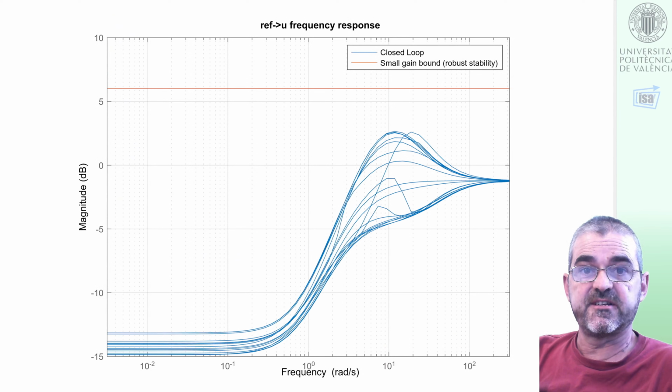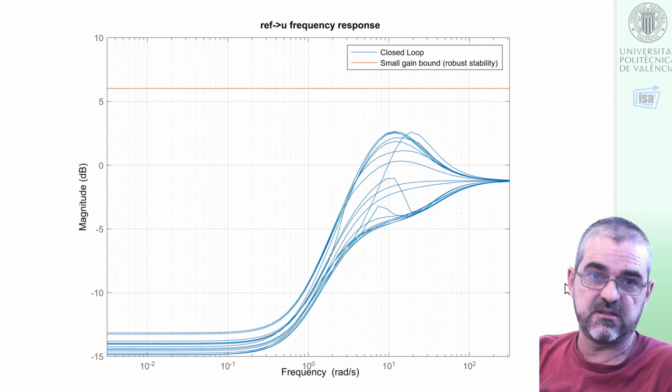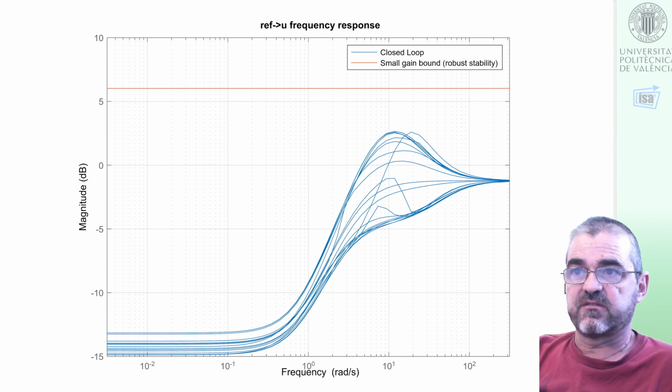As a last observation that has nothing to do with mu synthesis for the moment being, but okay, it's an interesting connection with previous stuff.